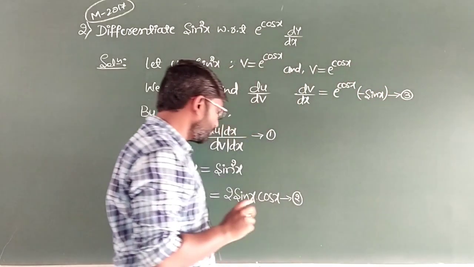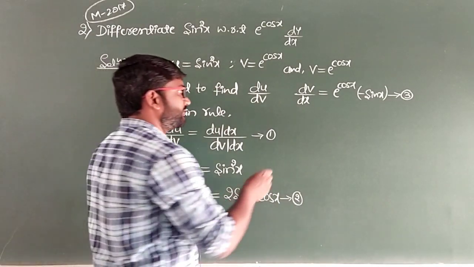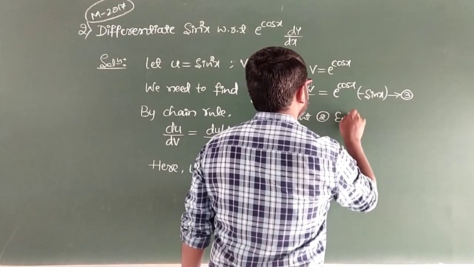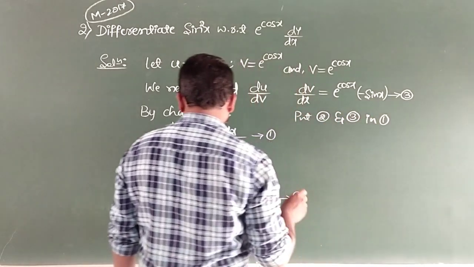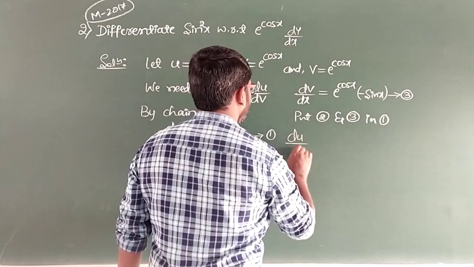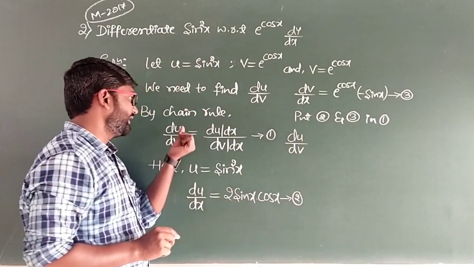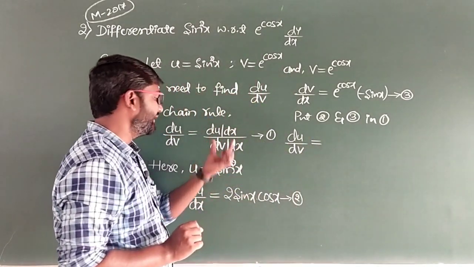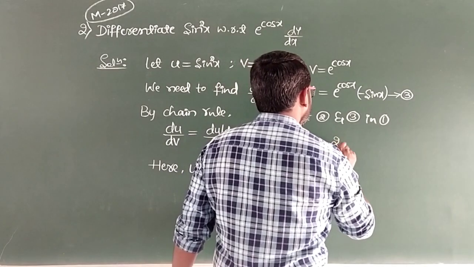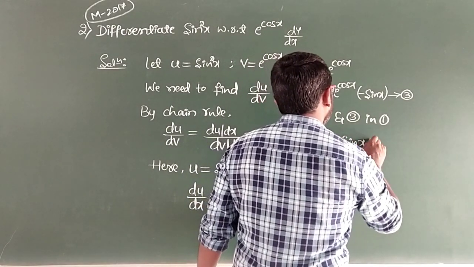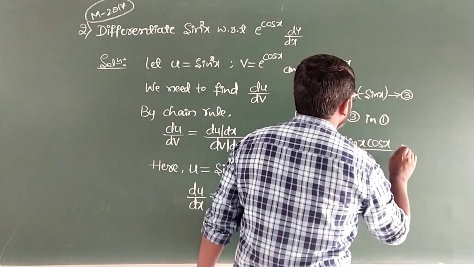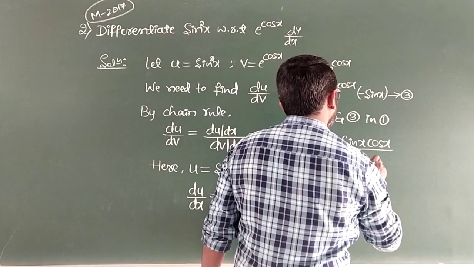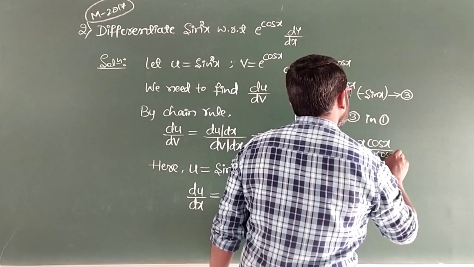Now substitute 2 and 3 in equation number 1. So put 2 and 3 in 1. What we get now, du by dv, this is our equation number 1, which is equals to, what is there in the numerator, it is du by dx. That means we write 2 sin x into cos x divided by, minus sin x into e power cos x.